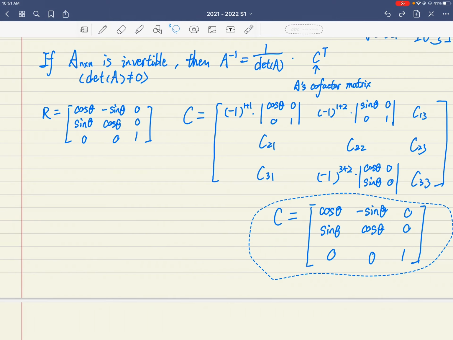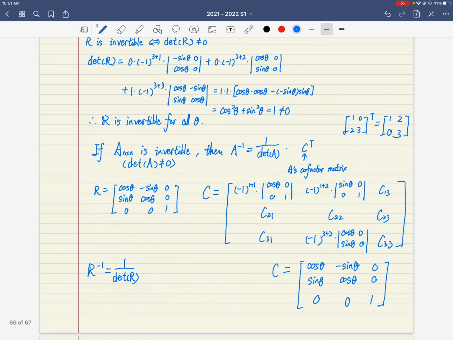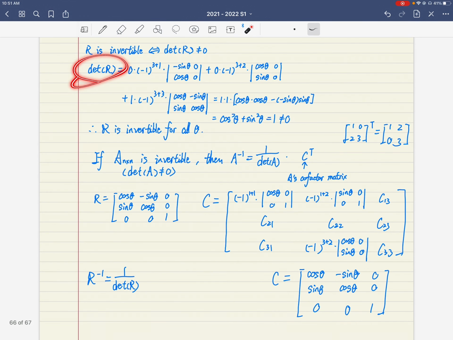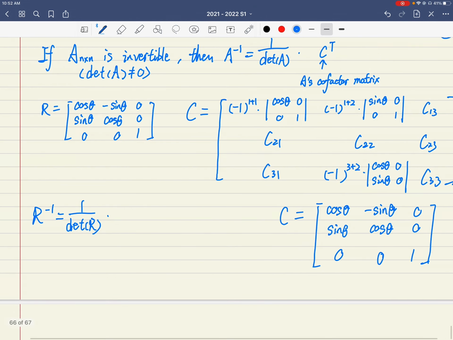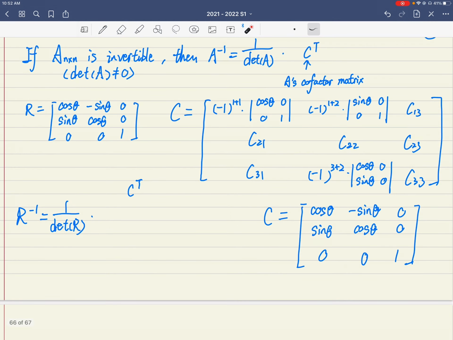R inverse is 1 over the determinant of R. Just now we've already figured out the determinant of R is 1. Times C transpose. C is here, must transpose it.